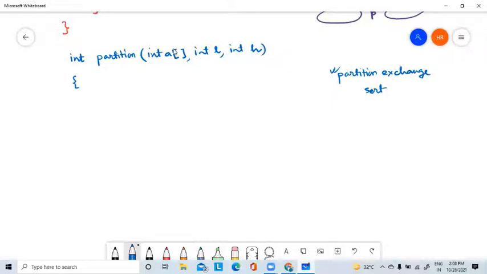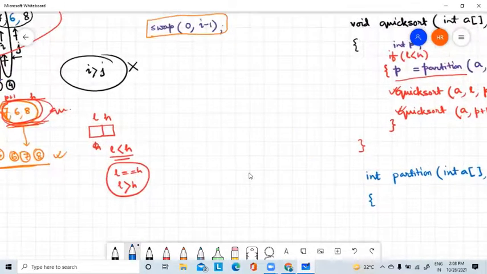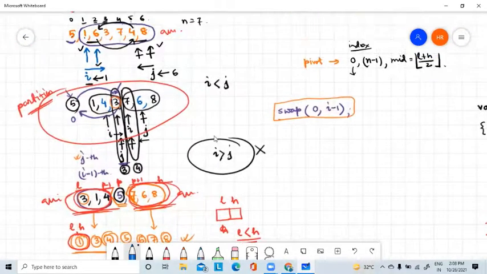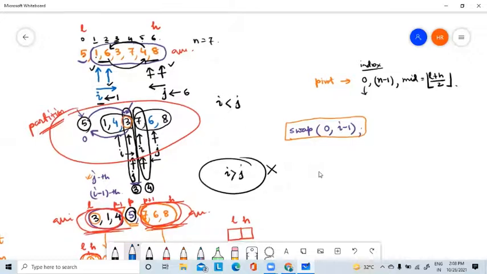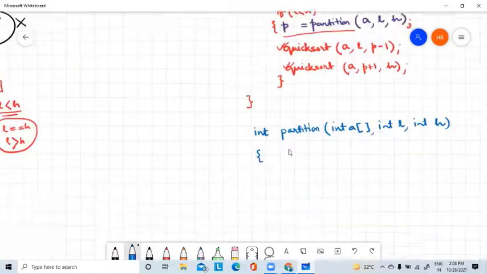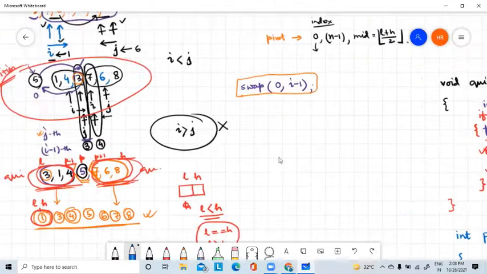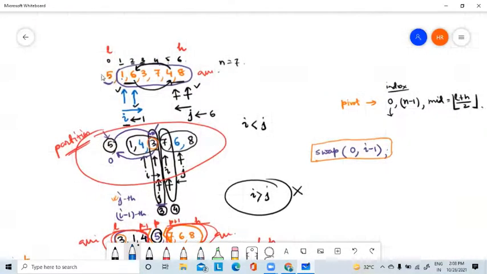Okay, then in our example, we have chosen two different variables or counters, one to move from left to right and another to move from right to left. So we require two different variables, as well as we have to set the pivot.